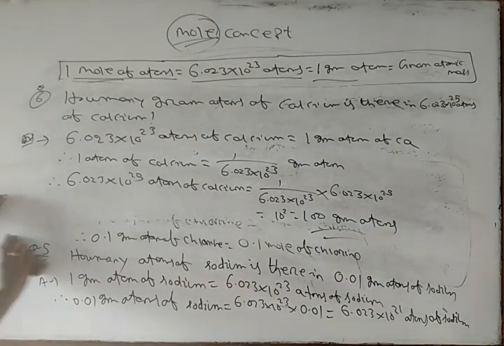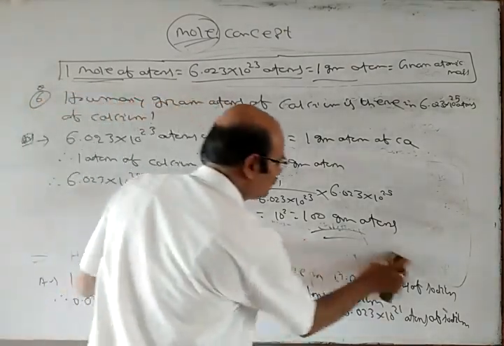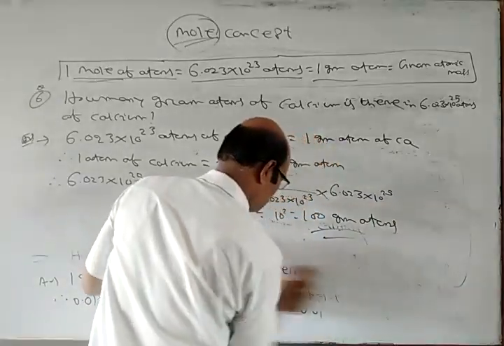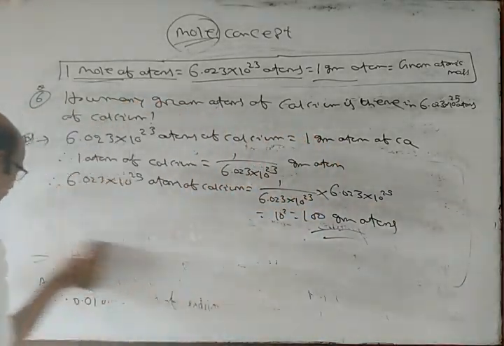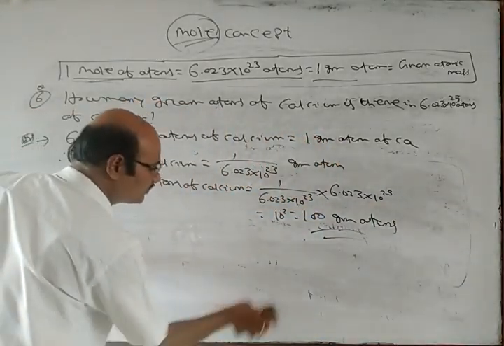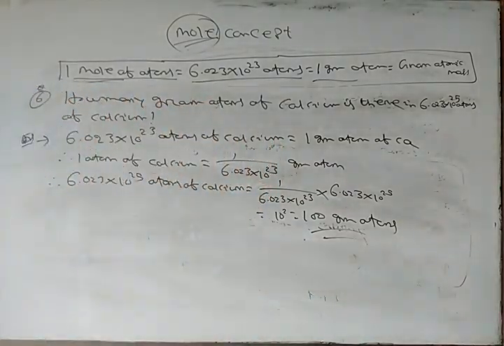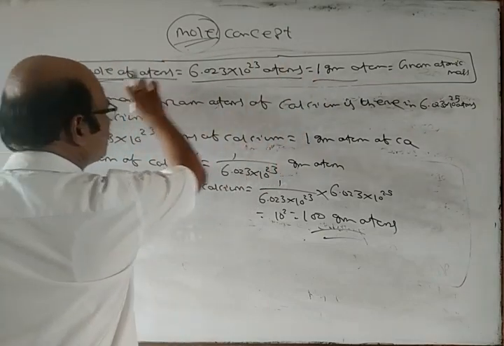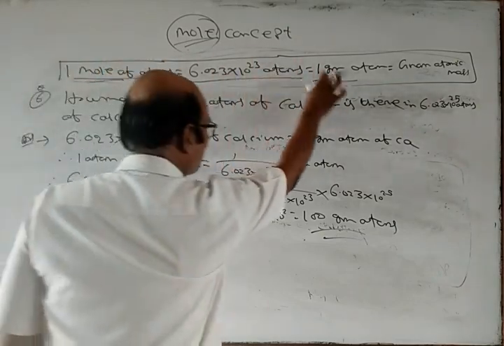Okay, so 100 gram atoms of calcium is equal to 6.023 into 10 power 25 atoms of calcium. Okay, so this is how you relate gram atom to mole, gram atom to atoms, and atoms to gram atom.